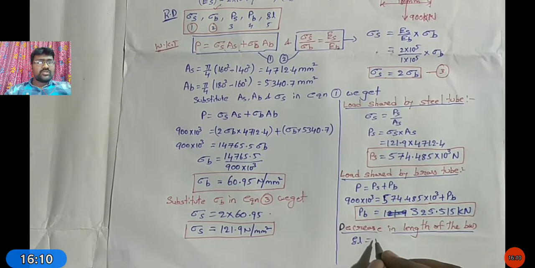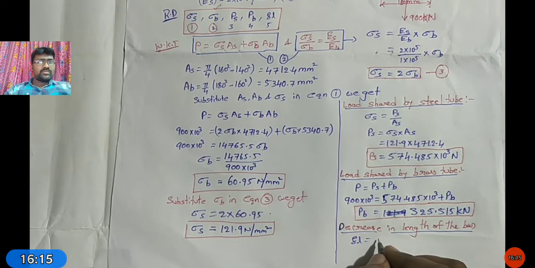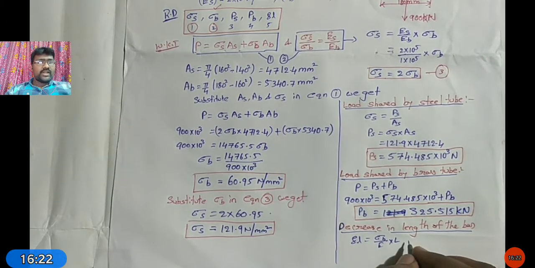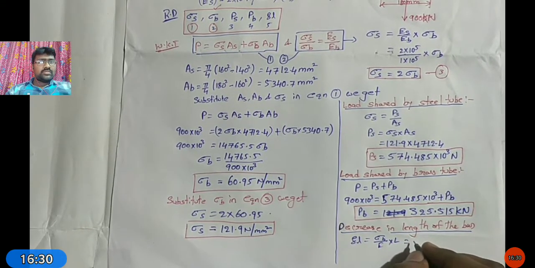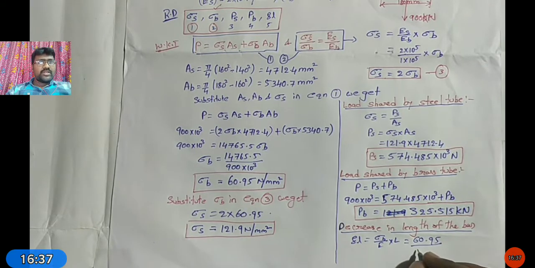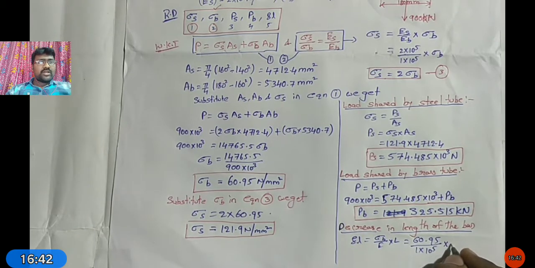Delta L is equals to sigma B by E into L, where the sigma B value is 60.95 by Young's modulus of the brass tube, 1 into 10 power 5, into length of the tube 140 mm.